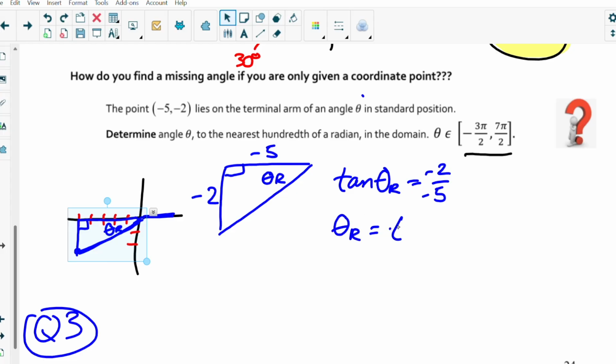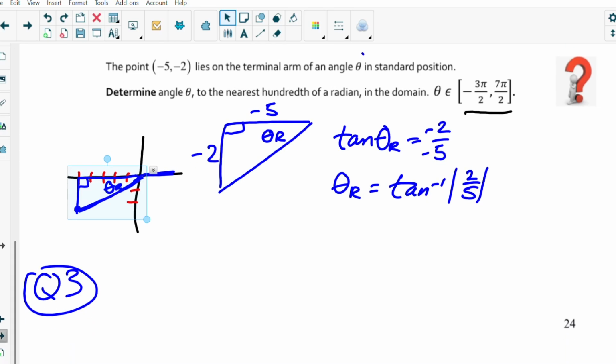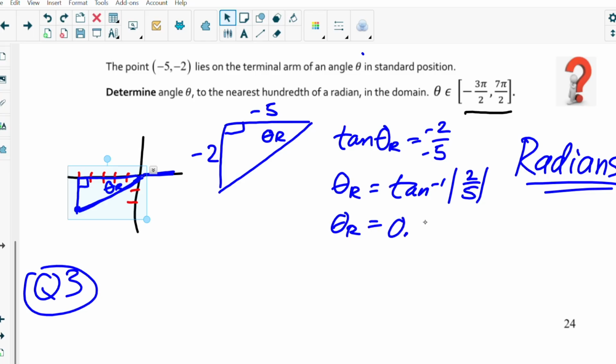When I look for the reference angle, I'm taking the inverse tangent. And remember, I do the absolute value because I'm looking for the reference angle. Always calculate the reference angle first. So this is in radians, right? Calculator should be in radian mode. This one I get a radian value of 0.380506.